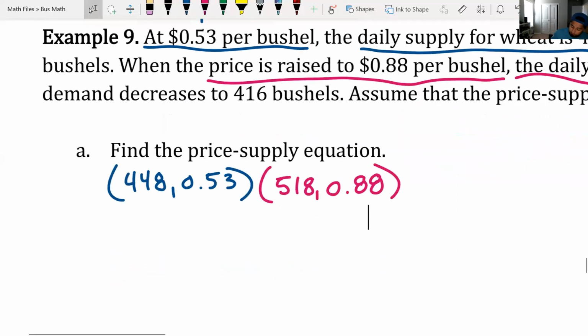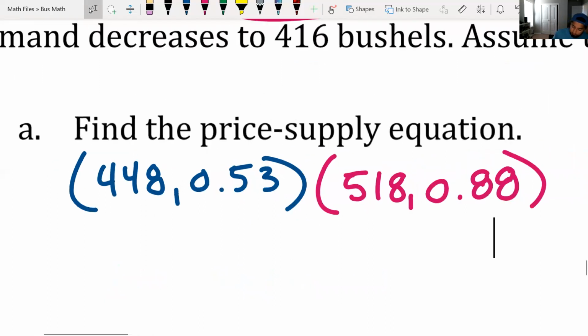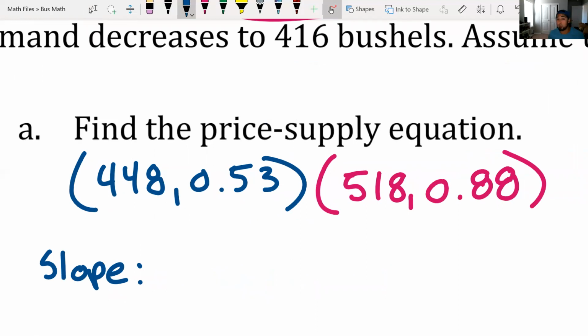Okay, you can find slope. So that's what we're going to do. All right, I'm going to say find slope. And remember, label everything. Why not? X1, Y1, X2, Y2.